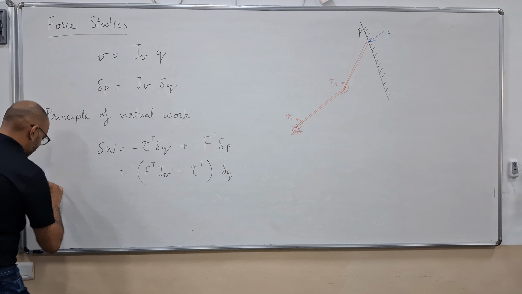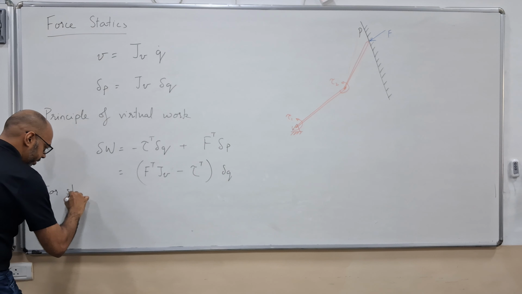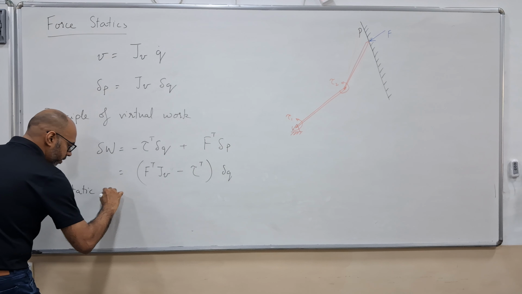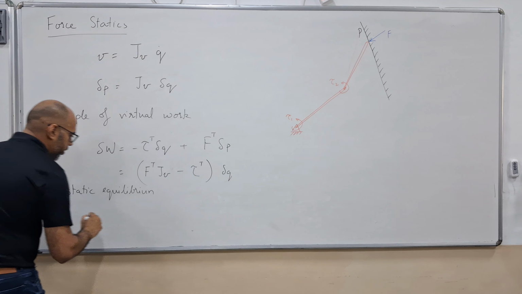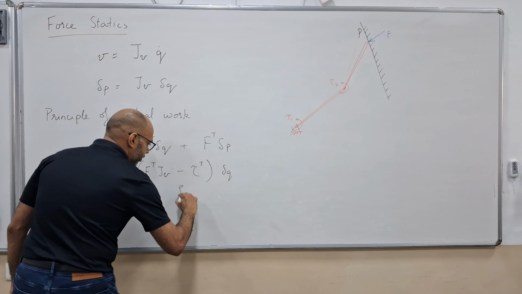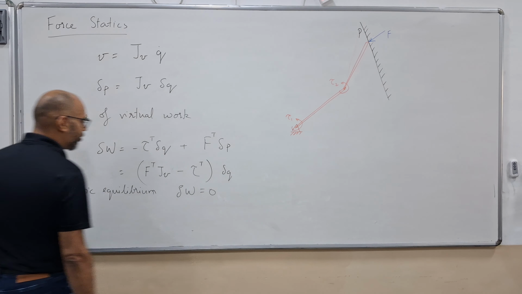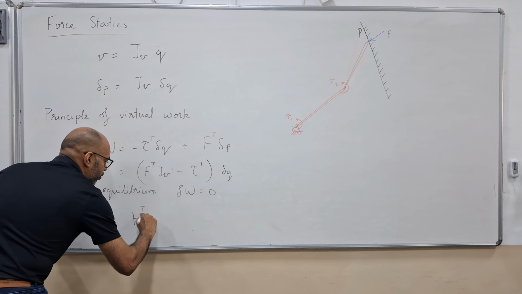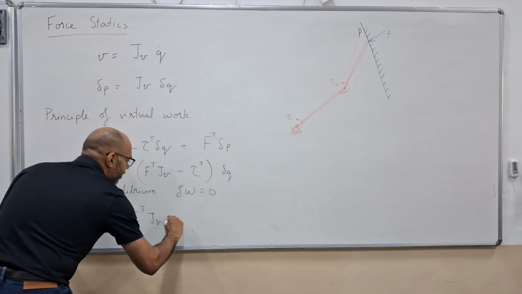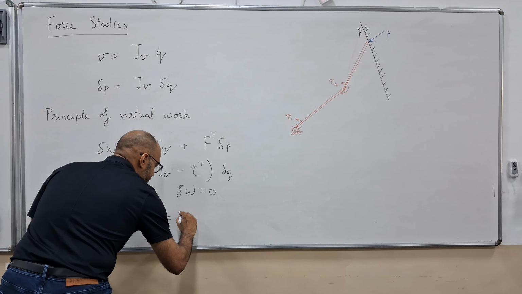And we know for static equilibrium the virtual work done is 0, which means I would get F transpose Jv is equal to tau transpose.